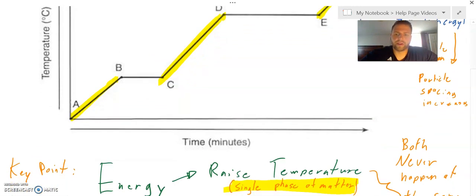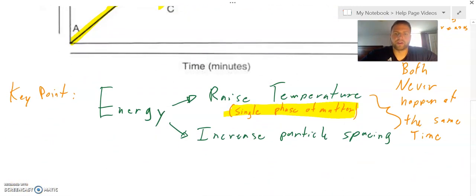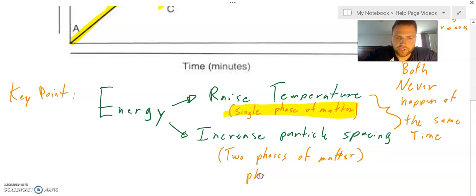Please try to remember that when we have an increase in particle spacing, this is where we have two phases of matter. Remember, this was called a phase change.